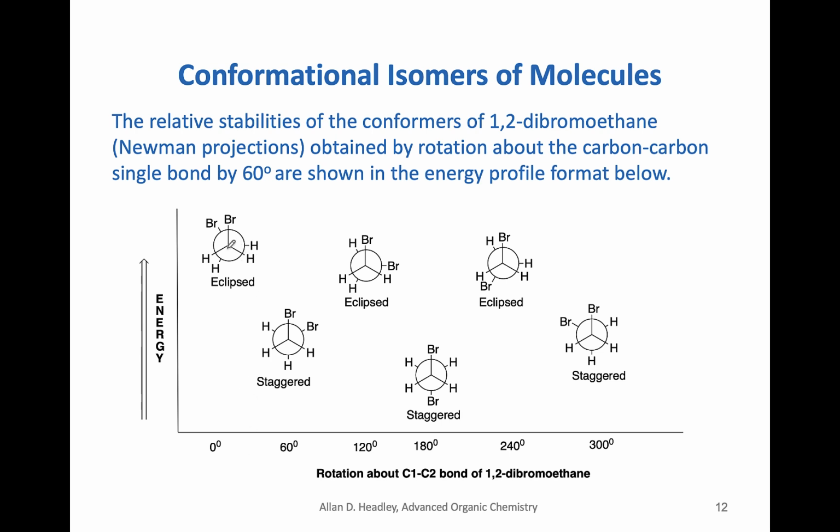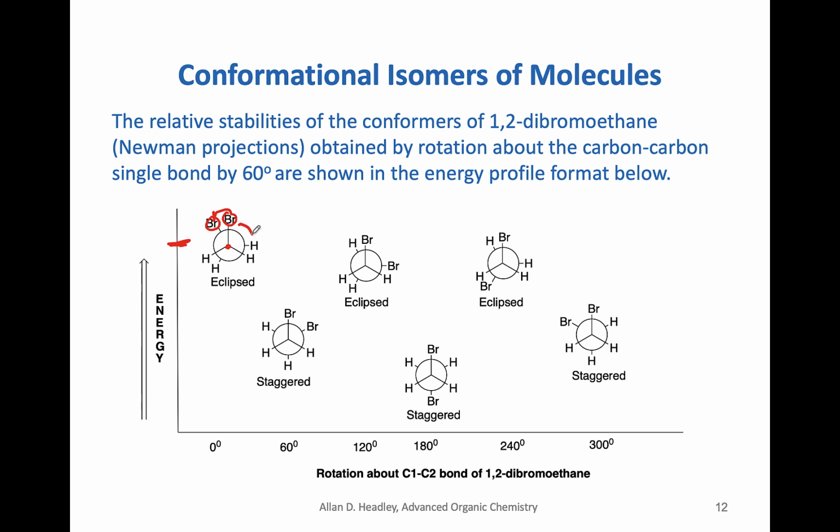So let's rotate around this bond. So first of all, here is the bromine sitting right across from the bromine. So that's high in energy because that's the eclipsed, with a dihedral angle between these two bromines of 0 degrees. High in energy, so that's why it's way up here in energy.